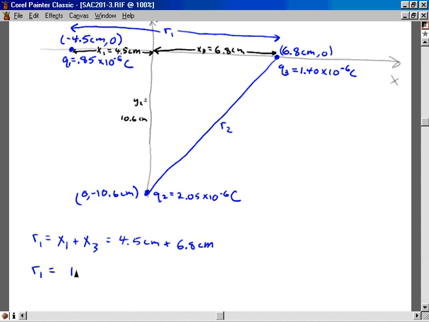And that adds up to 11.3 centimeters. In SI units, 0.113 meters. So I need that value.